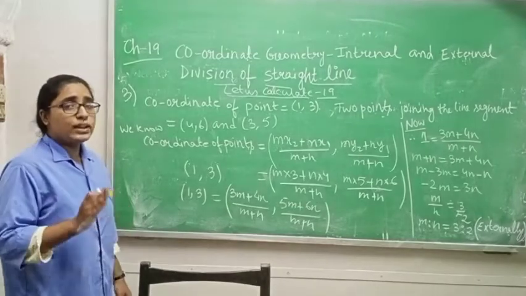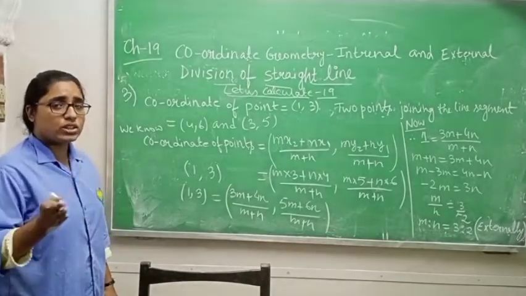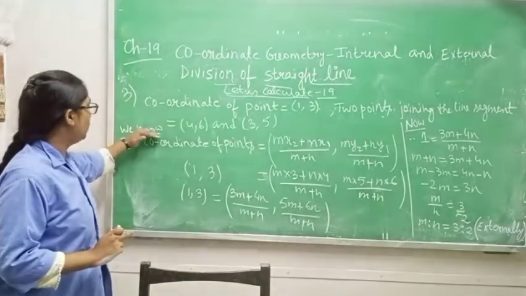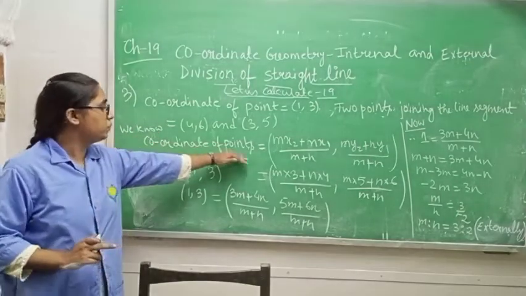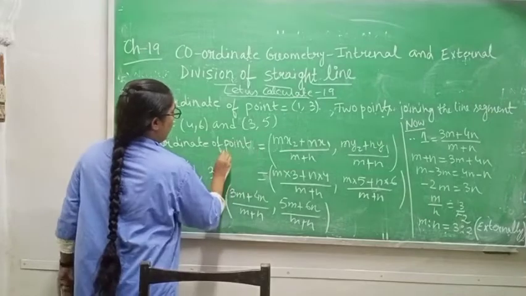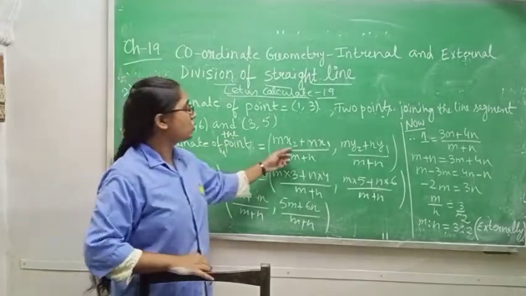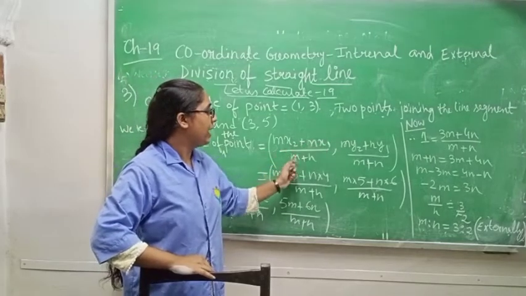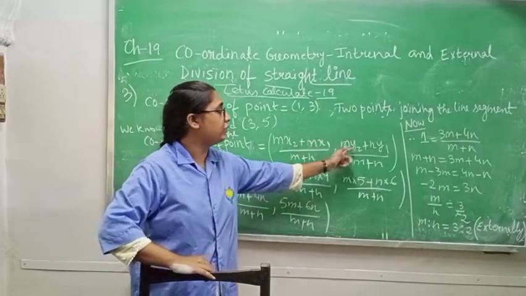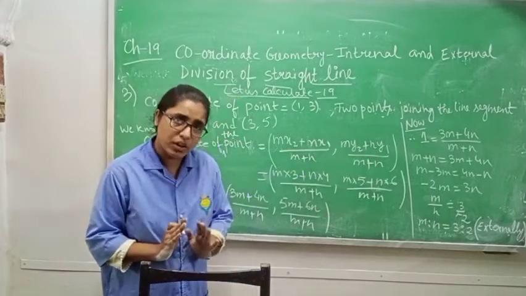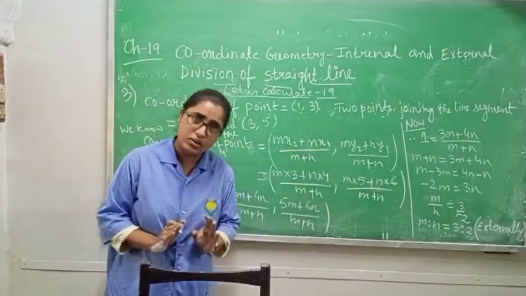Now I told you when it is not mentioned internally or externally, which formula will you use? The internal formula. So you will write, we know the coordinate of the point equals (mx2 + nx1)/(m + n), comma, (my2 + ny1)/(m + n). This formula you all know, the internal formula, understood?